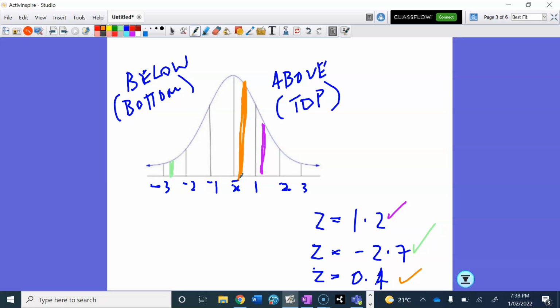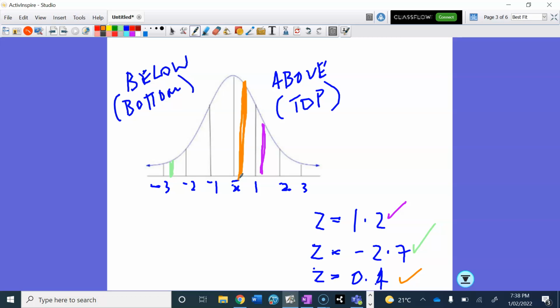The thing we need to be very confident of is which section it falls in. The section it falls in is the bit I'm interested in, not exactly where on the graph it is. As long as I know that 1.2 is bigger than 1 and less than 2, I know what section it falls in. I'm happy, I can interpret it from there.